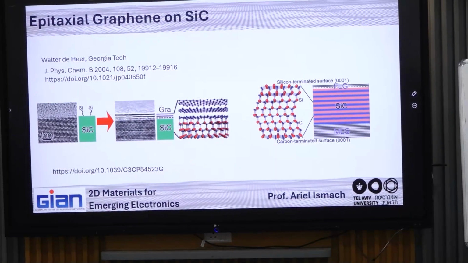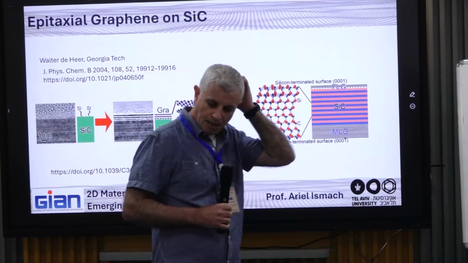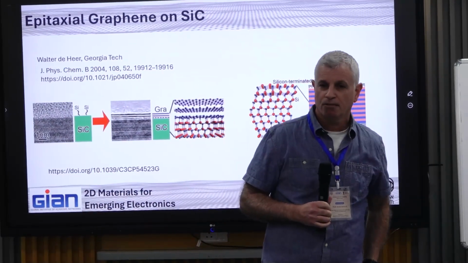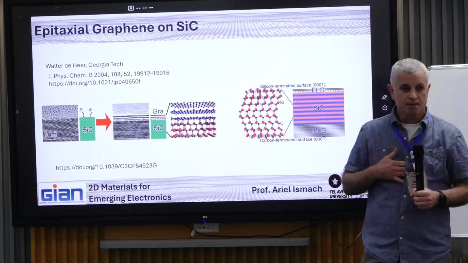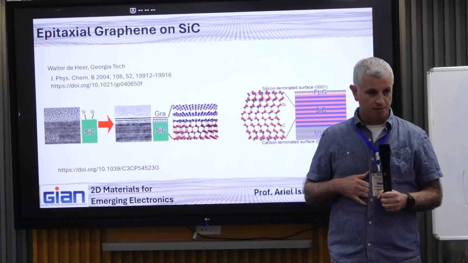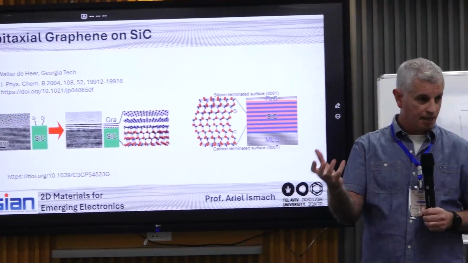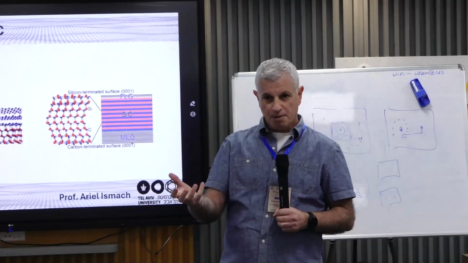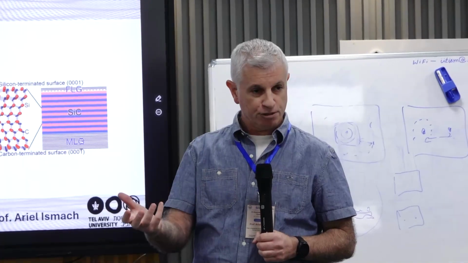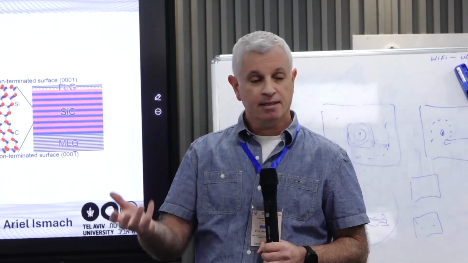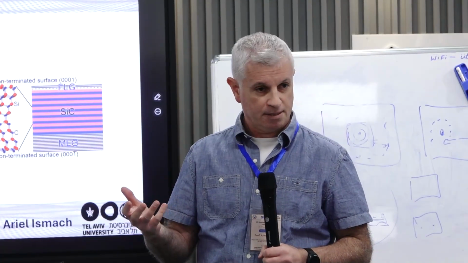So I'm not sure if you're familiar with what is called highly oriented pyrolytic graphite. Highly oriented pyrolytic graphite is the best synthetic graphite available. It is made by putting a solid carbon precursor in a chamber in which we can apply gigapascal pressures and heat it up to about 3000 degrees.